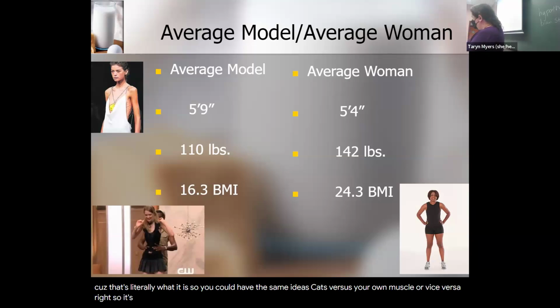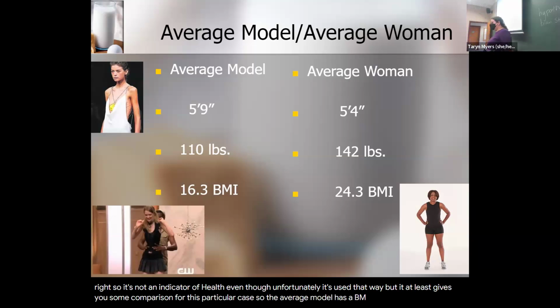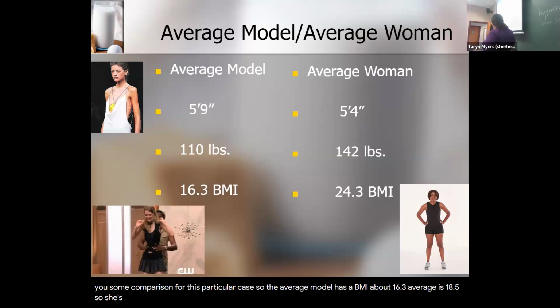So it's not an indicator of health, even though unfortunately it's used that way. But it at least gives you some comparison for this particular case. So the average model has a BMI of about 16.3. Average is 18.5. So she's below that, right?